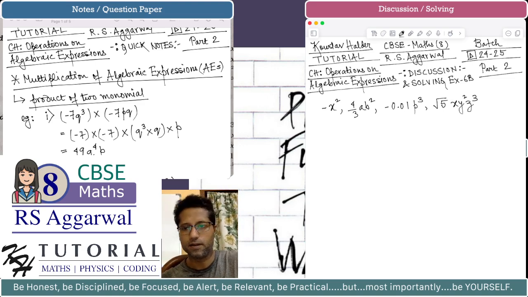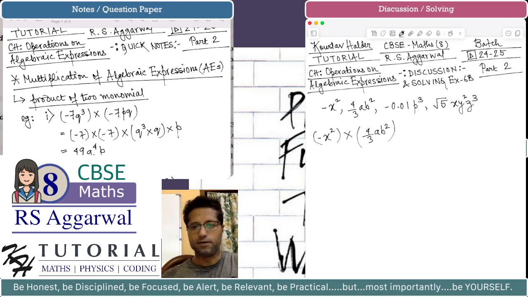So how do we find the product of two monomials? Let's say we have to find the product of these two monomials. A term has two major parts. One is the numerical coefficient, and the other is the literal coefficient.